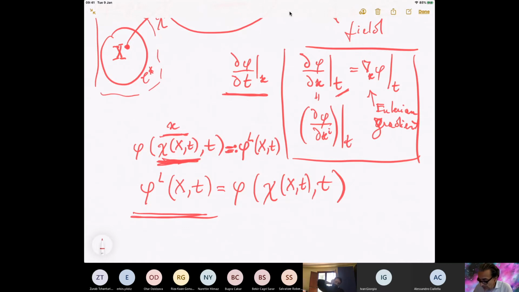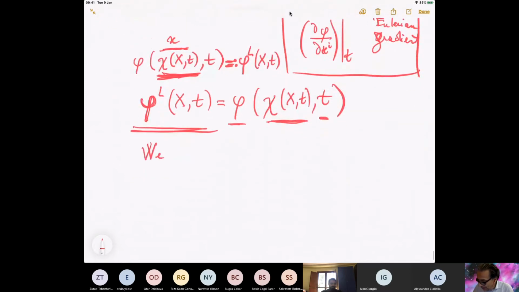How? The corresponding field phi Lagrangian is equal to the phi Eulerian calculated in the position occupied by capital X at instant t, at instant t. Okay?